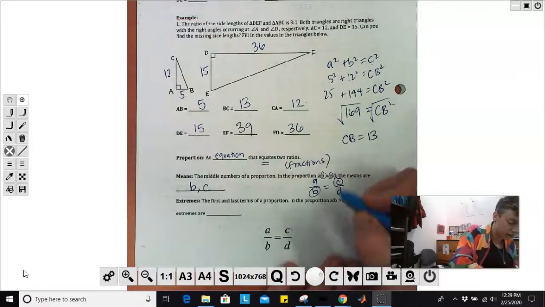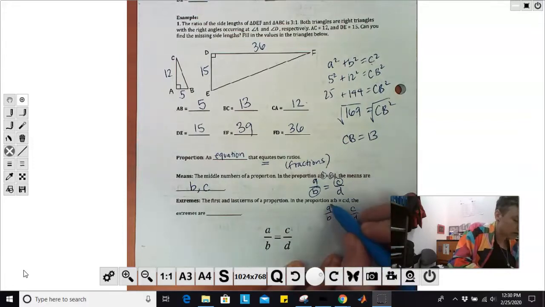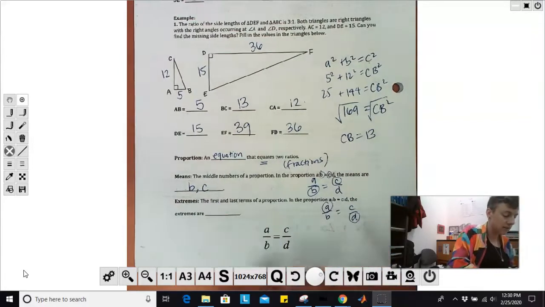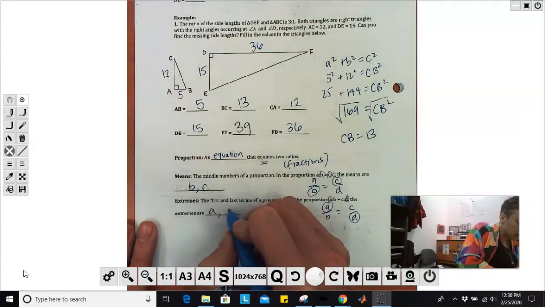So again, in the proportion A to B equals C to D, and that's the same as A over B equals C over D, our extremes are A and D.